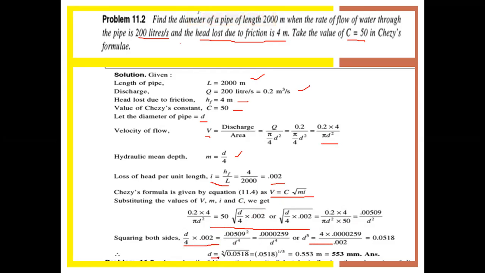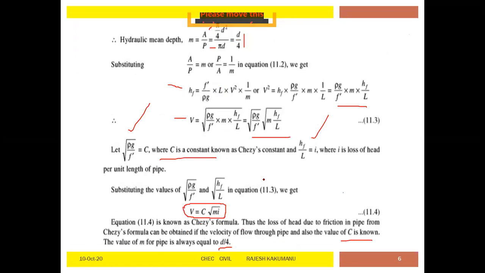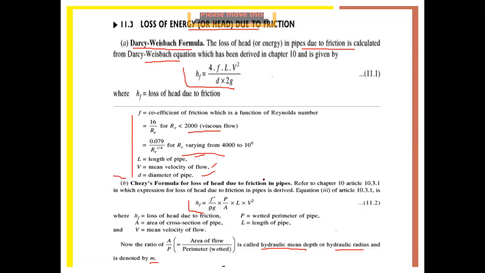Finally, D is equal to root of 5.0518, that is equal to 553 mm. So like this, you have to find the diameter of the pipe by using Chezy's formula, right? Since the Chezy's formula is already given, you can do it this way. The hydraulic mean depth is D by 4. M is equal to D by 4.